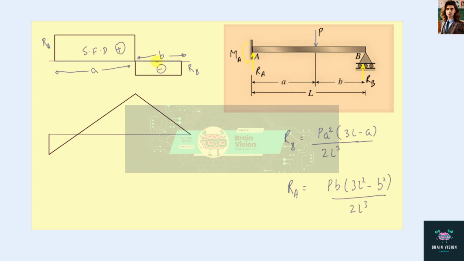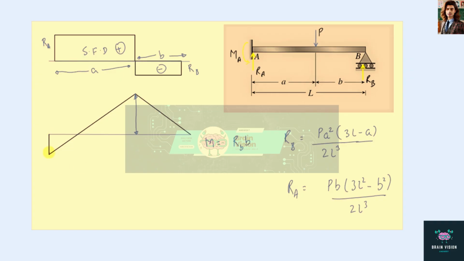Now where the shear force changes its sign, the moment would be maximum, and this vertical magnitude of the moment is given by M equals RB times b.